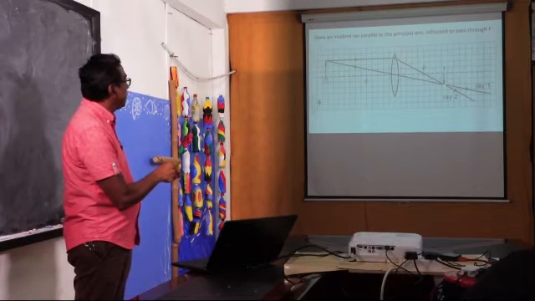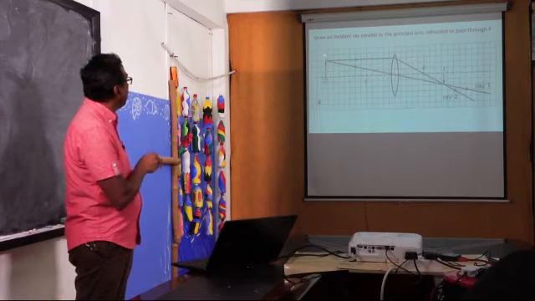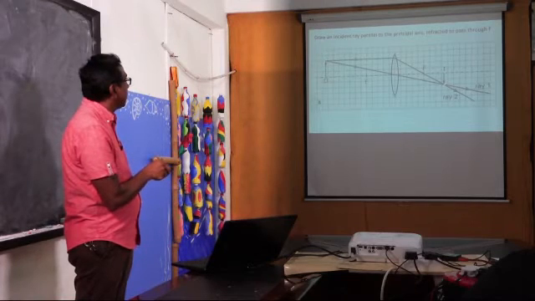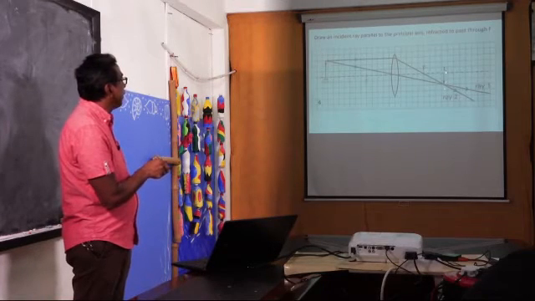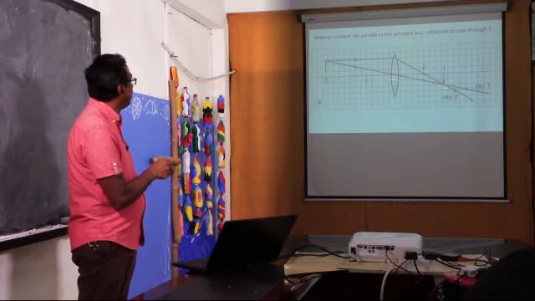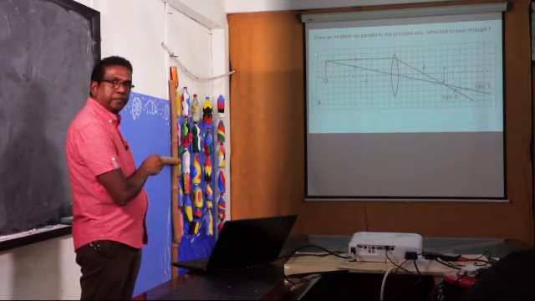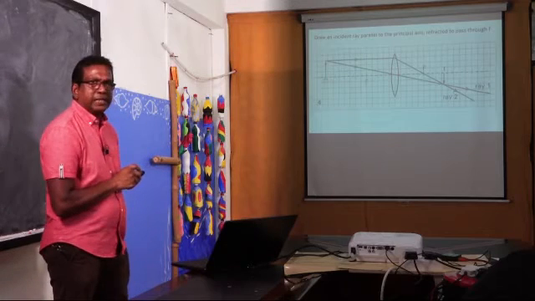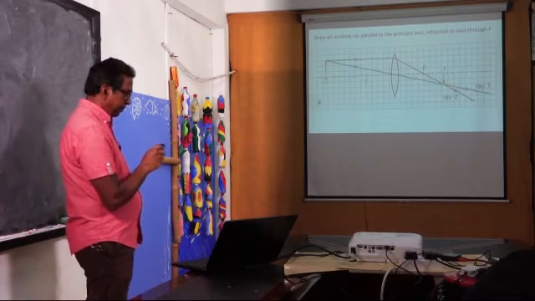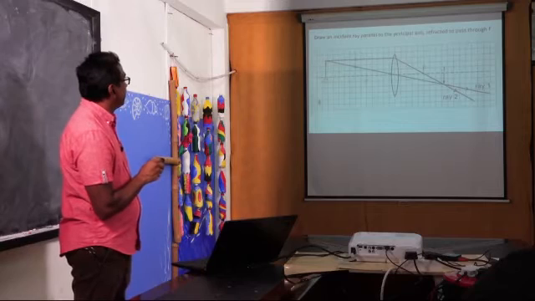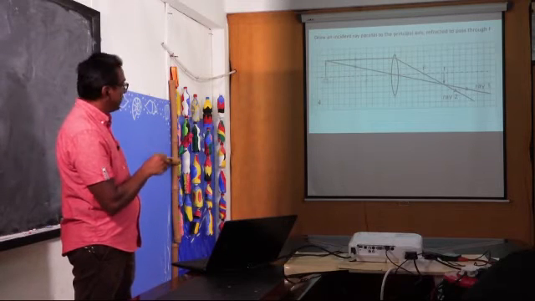And where do they meet? Here. When they meet here, it means that this tip will appear here. And this is going to be your image of this object behind the lens, where the rays meet.